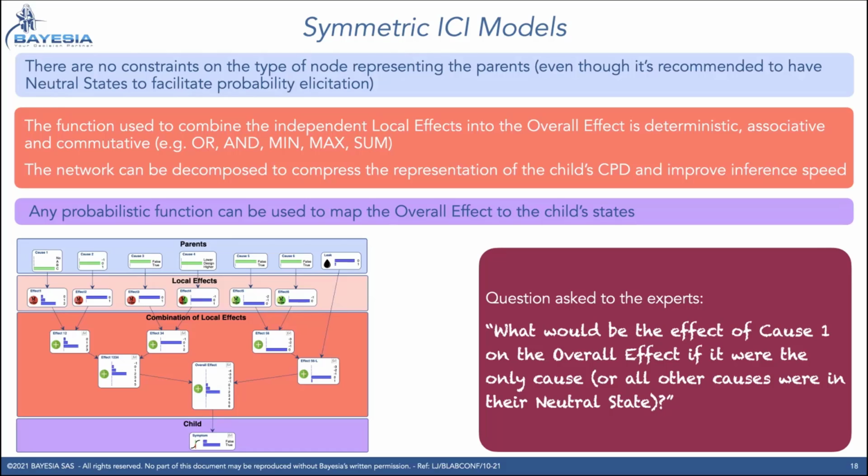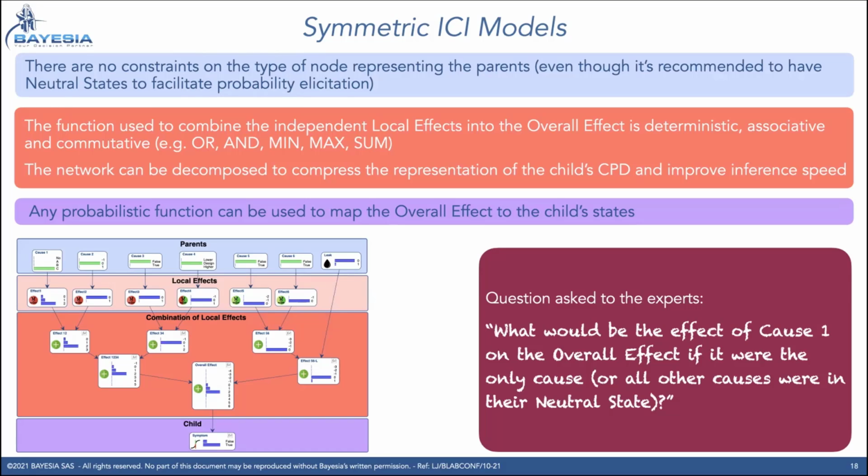And in this example, the question we asked the expert is, what would be the effect of cause 1 on the overall effect if it were the only cause, or all the other causes were in their neutral state? So this is the reason why it's always cool to have a neutral state, because the question is much easier. Right?